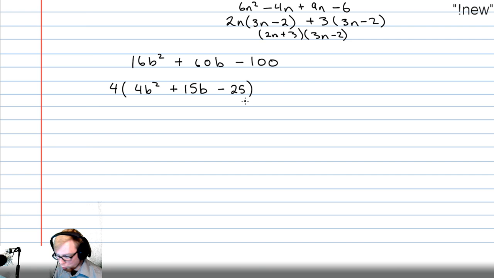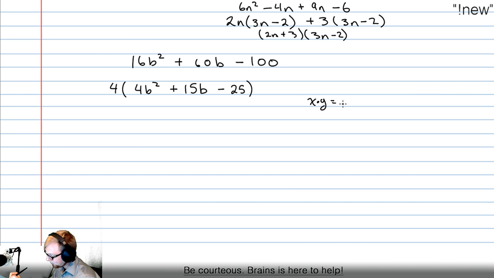You add. Let's make a chart. 100 has the prime factors of 5 and 5, and 2 and 2. Wait, we did this one already, didn't we? Well, we did, but we didn't.